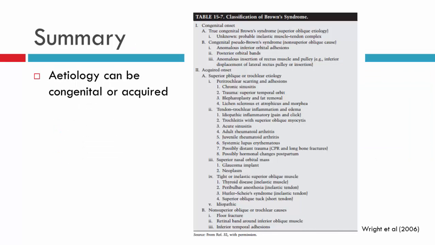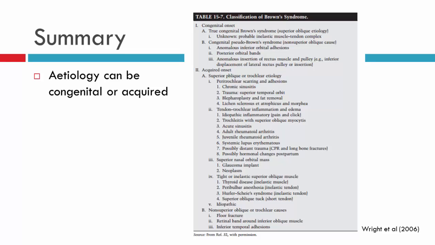In summary, the etiology of a Brown syndrome can be either congenital or acquired. To the right here, I have a list that is included in the Wright, Spiegel and Thompson textbook. It's a very comprehensive list of the various causes of Brown syndrome, and it differentiates those conditions that cause limitation of elevation and adduction that are due to the superior oblique versus those that create that characteristic but aren't necessarily related to the superior oblique.